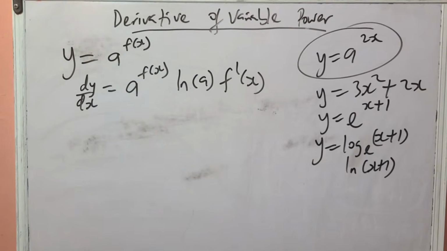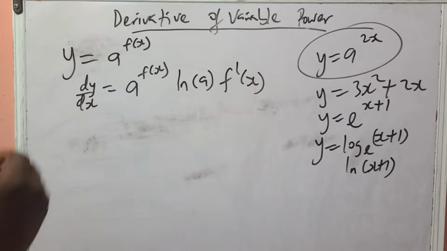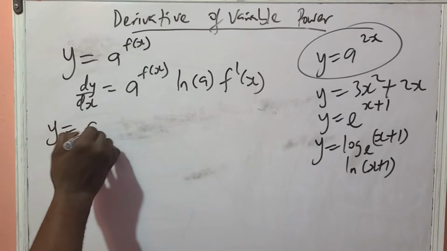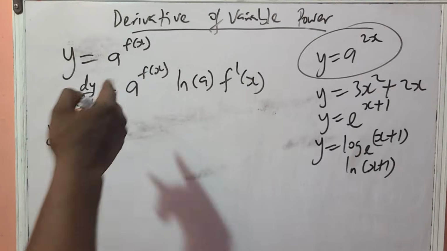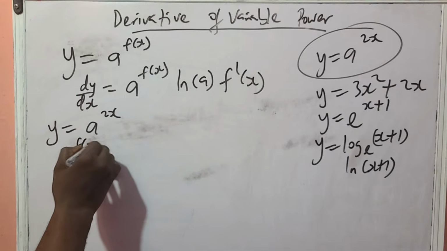So let's see, y equals a raised to power 2x. That's a very beautiful example now. You can see your variable here is a. I did not say your variable must always be a, but here your variable is a. Now, let's first identify our f(x), which is the power of the variable.